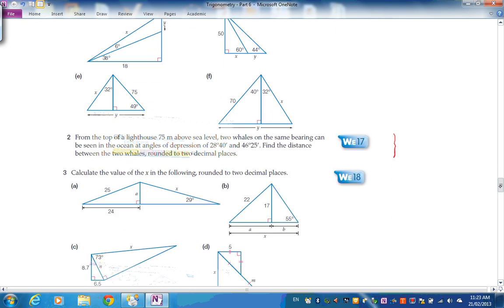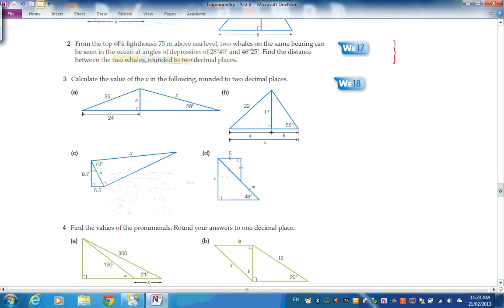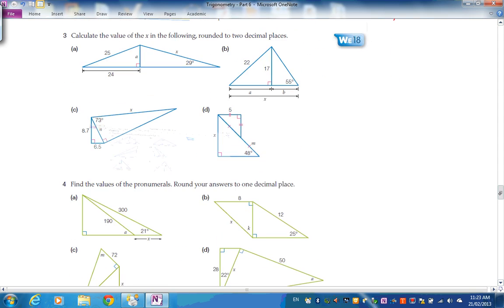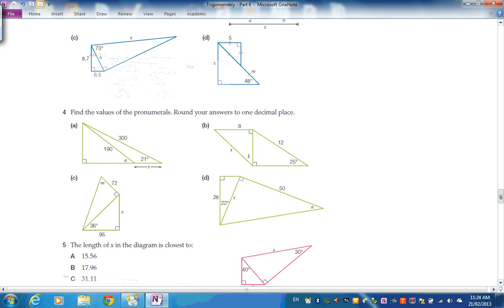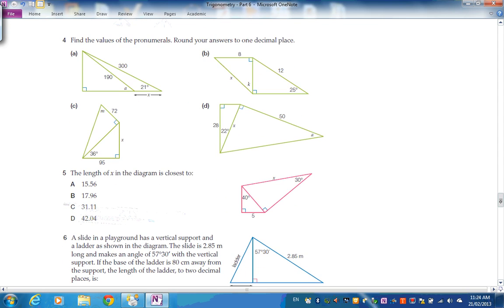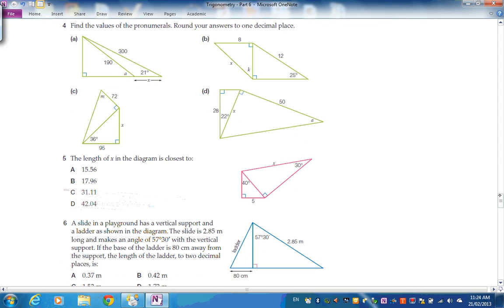I don't know whether you'll have time to actually do all of these questions, so I'll just give you some at a time here to have a go and pause it there. And then maybe 4 and 5 and 6, something like that. Go down, have a look at your answers as you go.